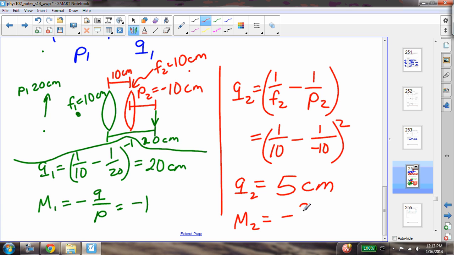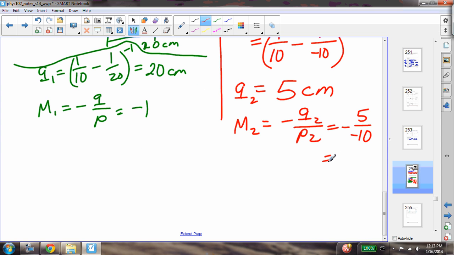M2 will be negative Q2 over P2. That's going to be 5 over negative 10, negative 5 over negative 10, or positive 1/2. And then our total magnification will be the product of M1 and M2.